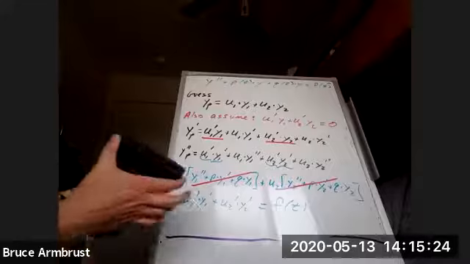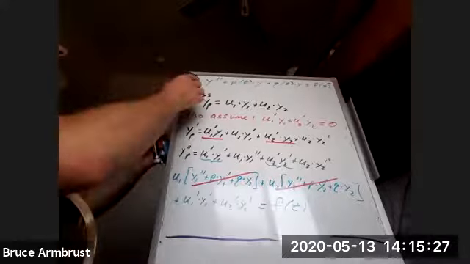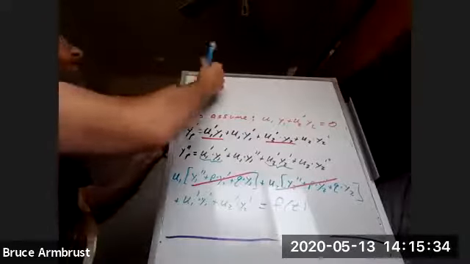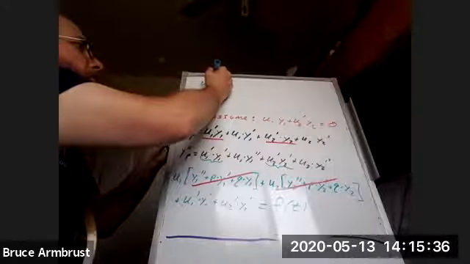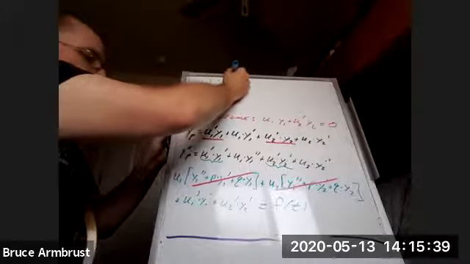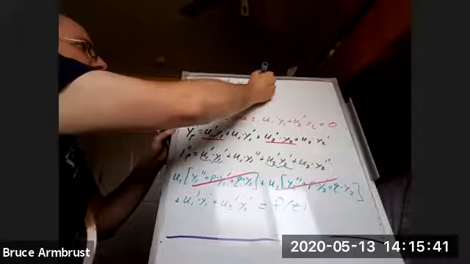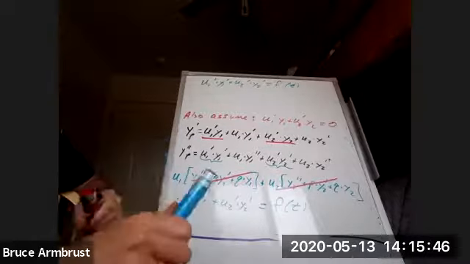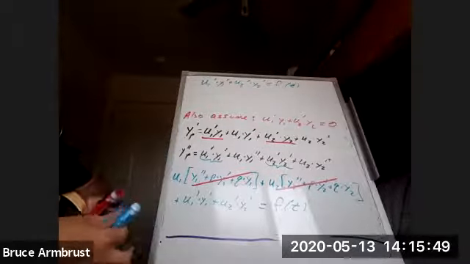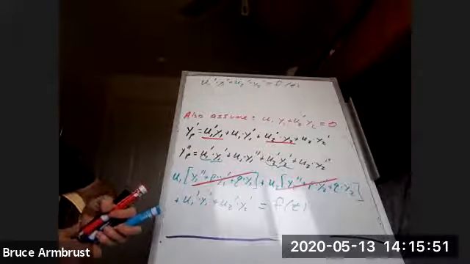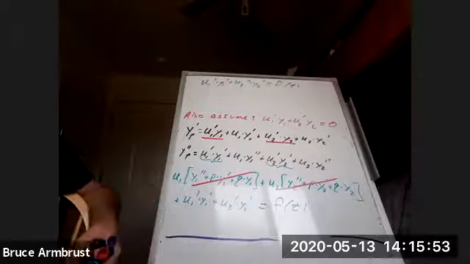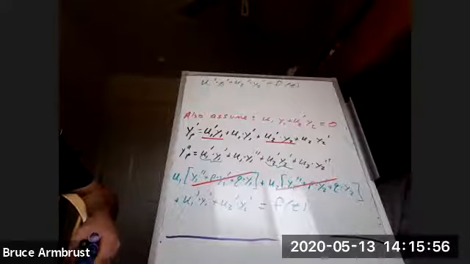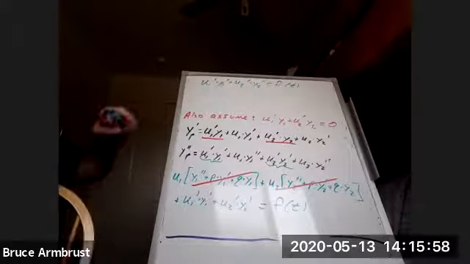So what we're left with, once we get all the way down there, is u1 prime y1 prime plus u2 prime times y2 prime equals f of t. All right, so this is what we know about u1 and u2, that they're going to satisfy this equation.